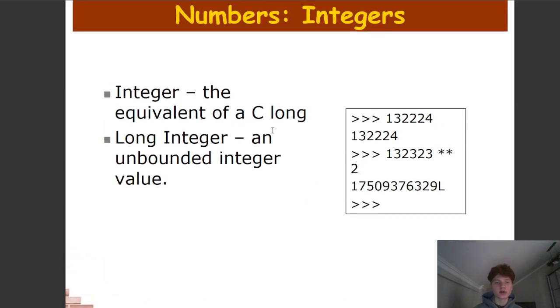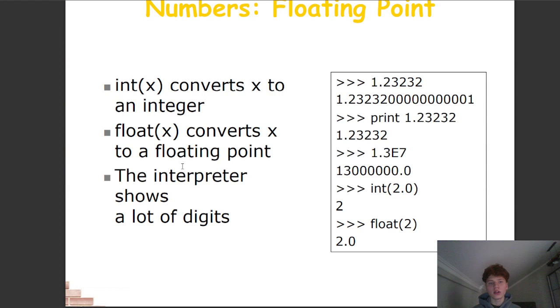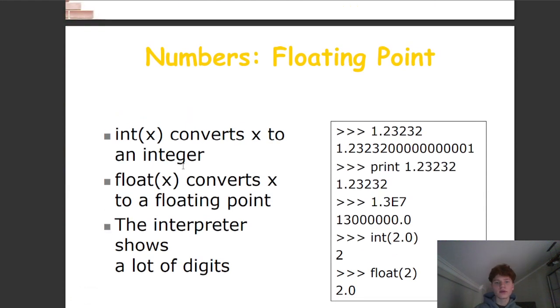Numbers, integers. Integer is the equivalent of a C long. Long integers have an unlimited integer value. Numbers, floating point. int(x) converts x to an integer. float(x) converts x to a floating point.